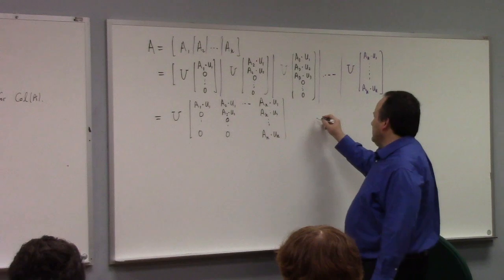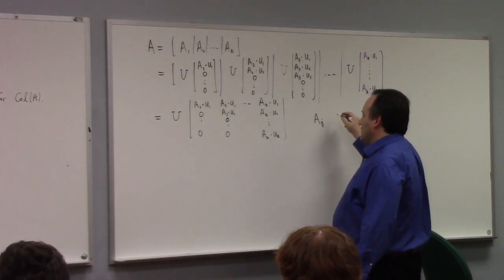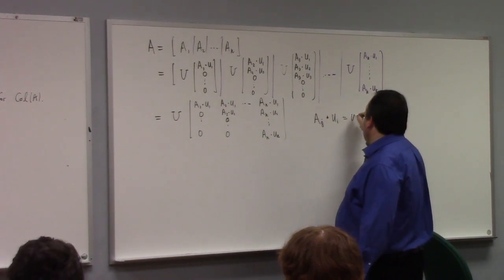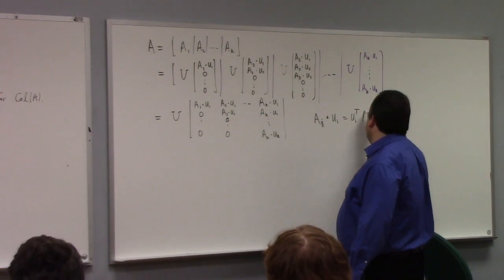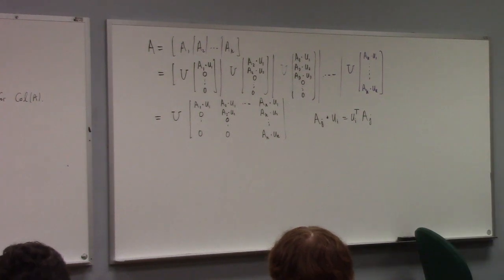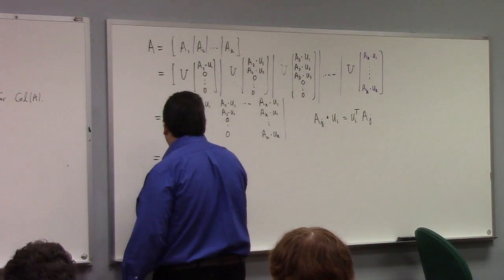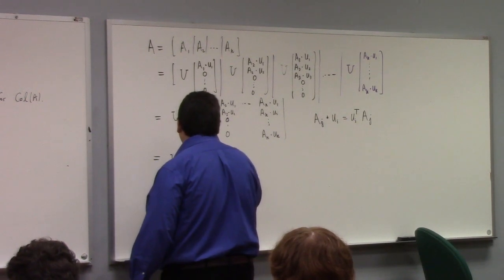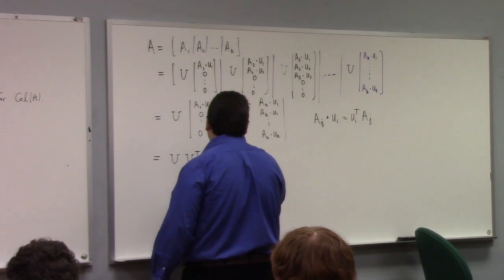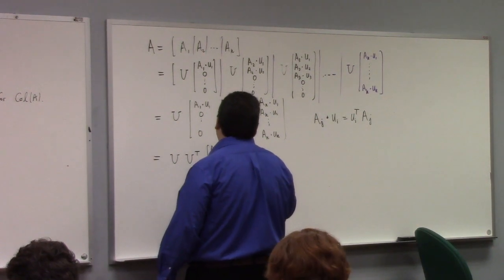But notice that we can write A sub j dot, let's say, U sub i, as U sub i transpose times A sub j, right? And as such, I'll put us out of our misery here. You can write that as U transpose times the matrix A1, A2.